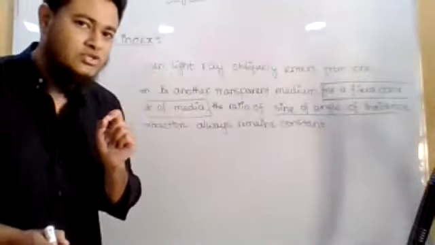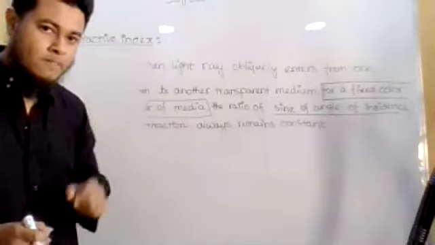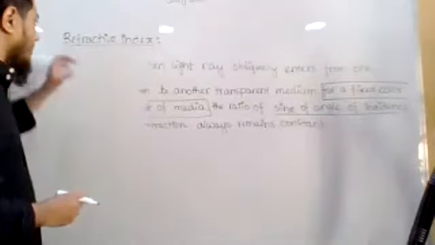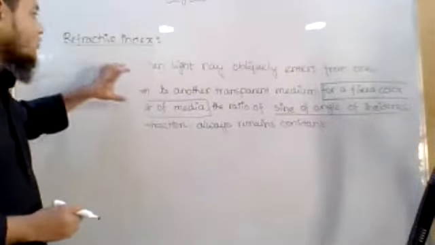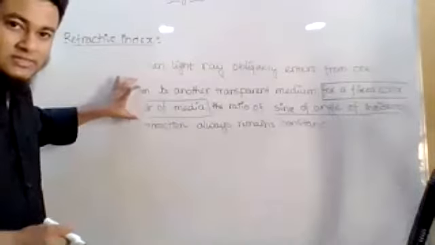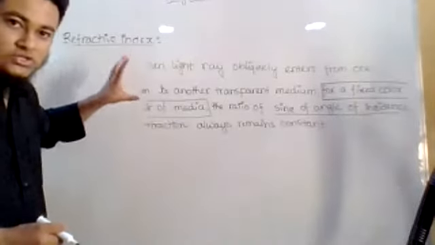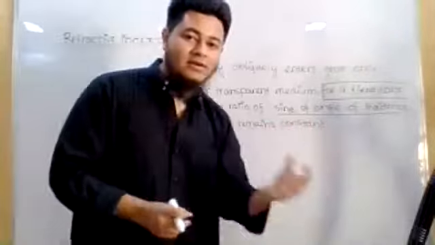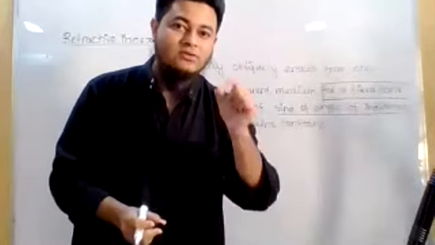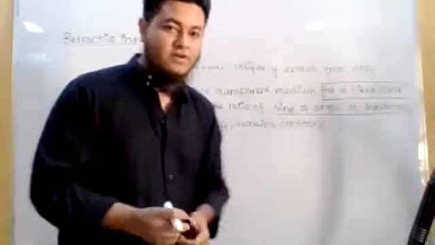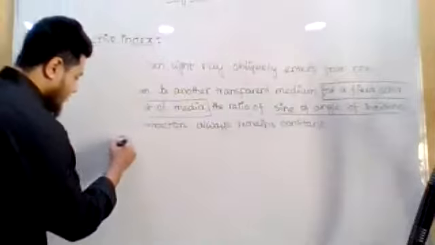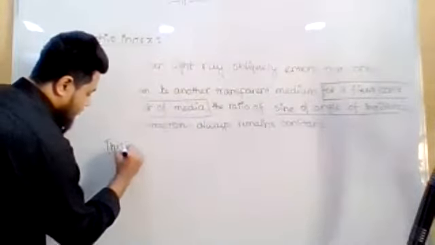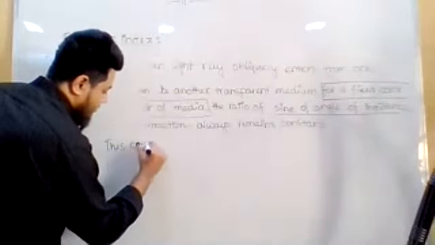Did you understand what I said? Yes. So in the definition of refractive index, you need to write the second statement of Snell's law that I just wrote here. After writing it, you will just add this part, that this constant is called refractive index.